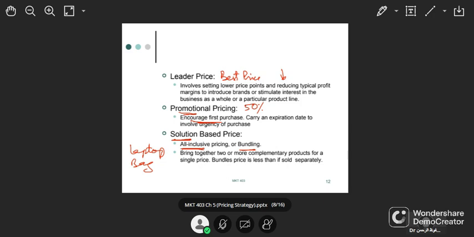Bag comes free. Buy a laptop, printer comes free. So they are providing you a solution. You buy a laptop, a desktop, you might need to take printouts. Solution is we will give you. You buy separate, expensive, you buy together, it will be cheaper for you.